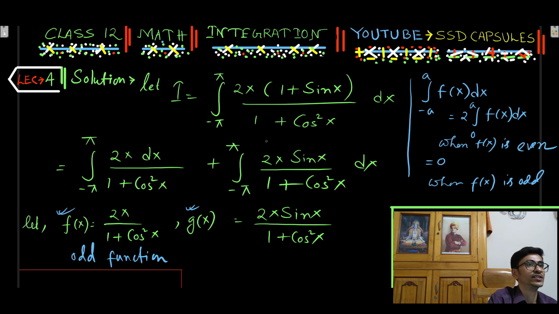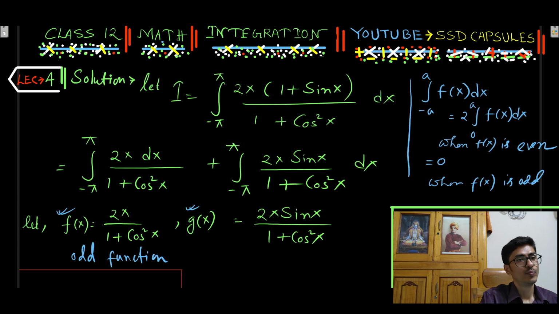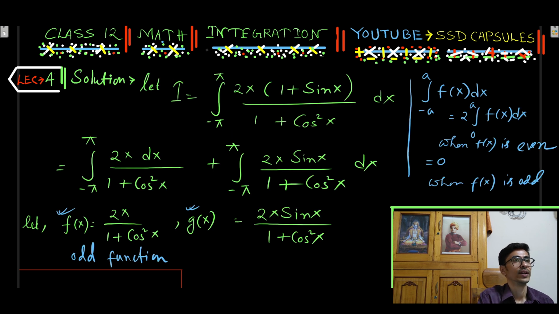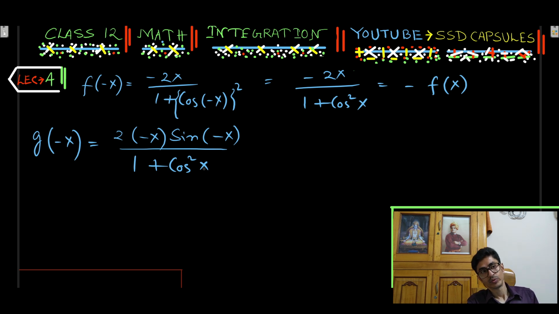Now we will check g(x), g of minus x. G of minus x equals what? 2 into minus x sin of minus x by 1 plus cos square x. Because in this denominator, we know that if we put cos of minus x, it will reduce to cos x.